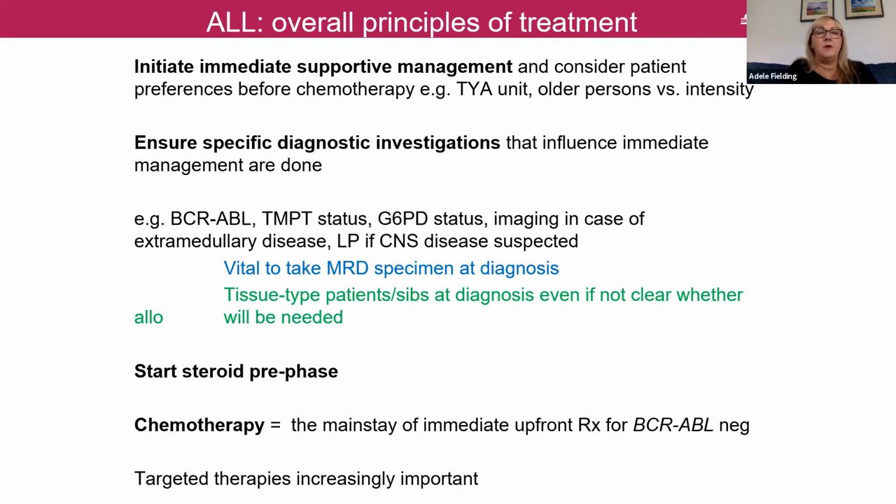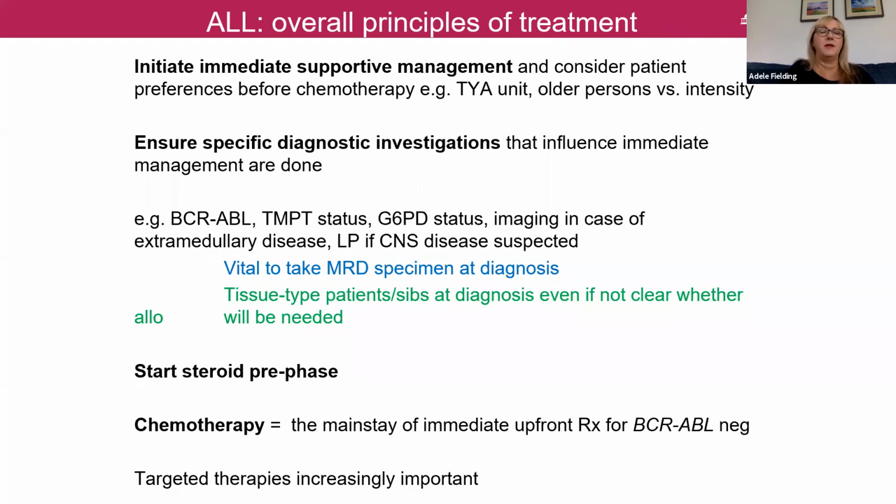At the same time, we have to ensure that we've done all the correct diagnostic investigations that will tell us a lot of the information about prognosis that I've previously demonstrated to you. But there are certain things we very specifically need to do.